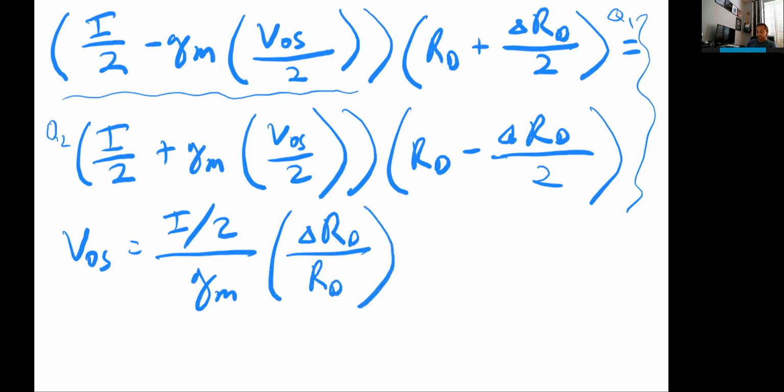So again, it makes sense intuitively that if the mismatch of RD is small relative to the value of RD, then the offset is going to be small because they are directly proportional.